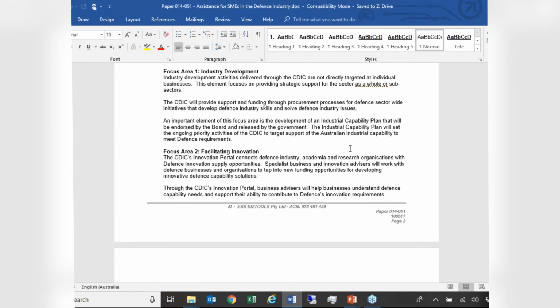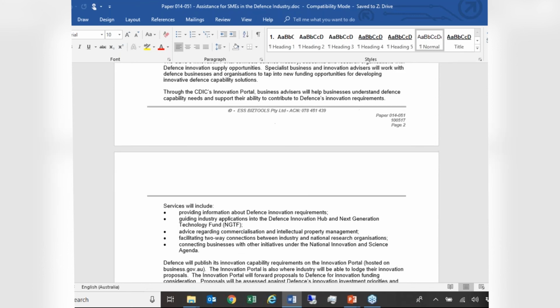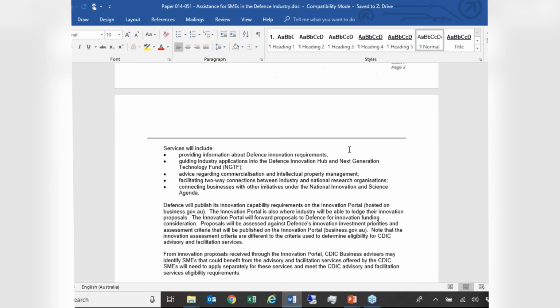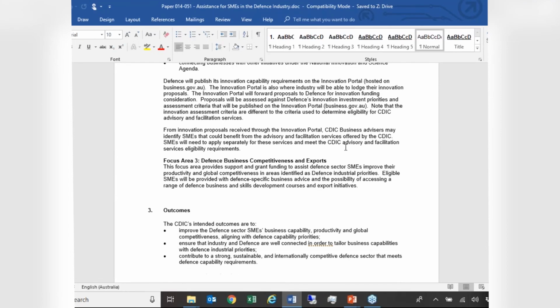In the first process, you apply to go through a review process with a consultant employed by the defence industry. And then if you are approved by that reviewer, you are then invited to submit an application for a specific grant.